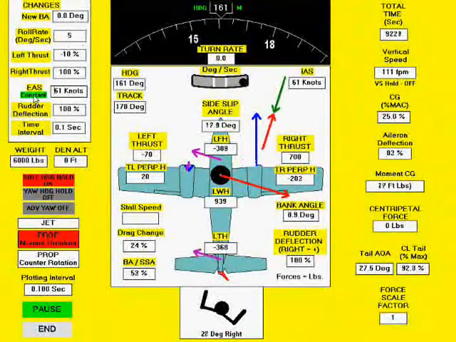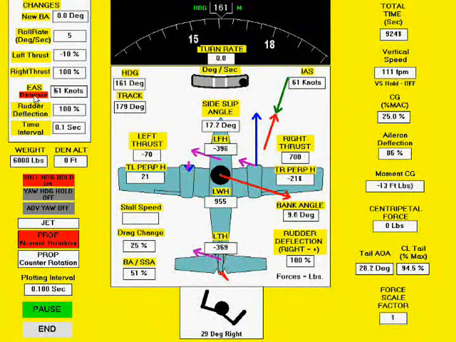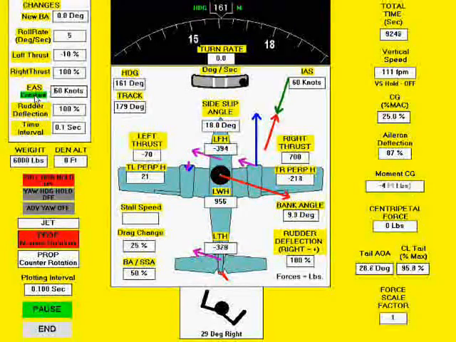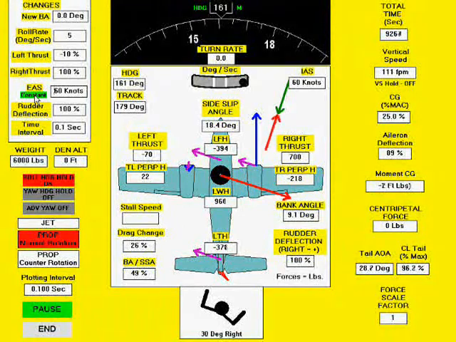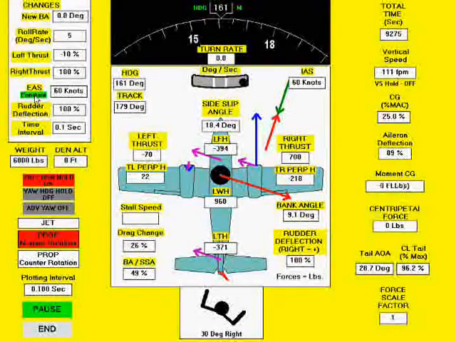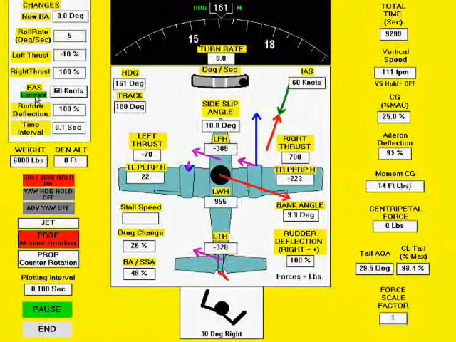As the speed continues to slow, tail lift is maintained by increasing sideslip angle, and thereby increasing tail angle of attack and the vertical tail lift coefficient. At 100%, the vertical tail stalls, and further increases in the sideslip angle produce less tail lift.